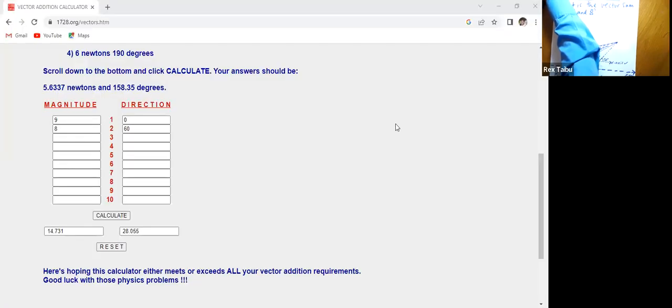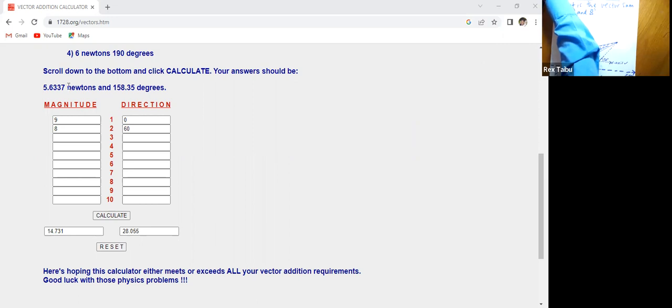So we can check that using our online calculator. So let me try to share that here. I hope you're able to see the screen.